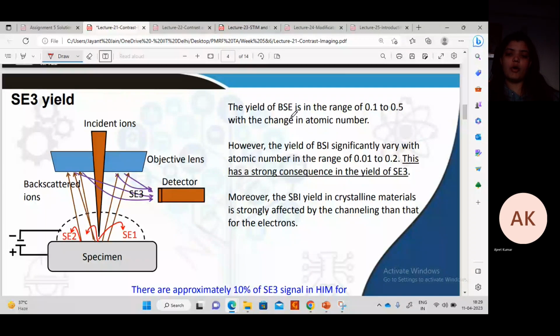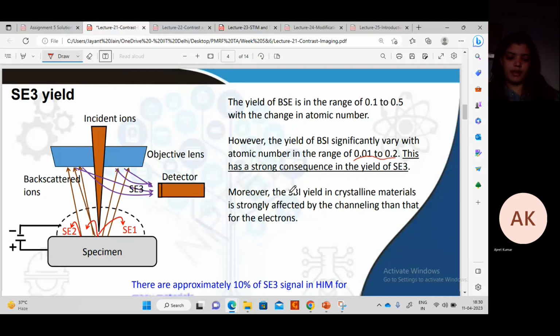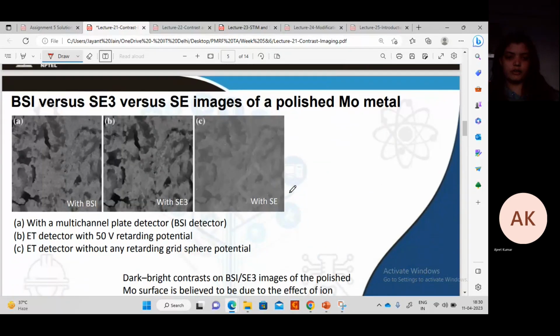As you can see, the SE3 yield is very small in the case of ion compared to electron, where the yield is very high. So SE3 yield will be more in the case of electrons than ion.